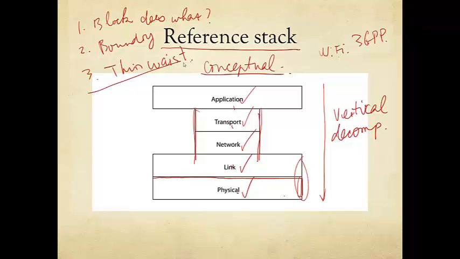We draw it thin because there are not that many alternatives in transport layer protocols and network protocols. Pretty much the dominant ones are the TCP and UDP protocols in the transport layer and IP in the network layer.